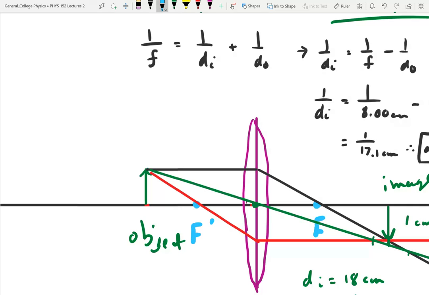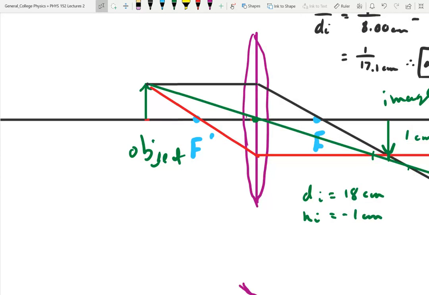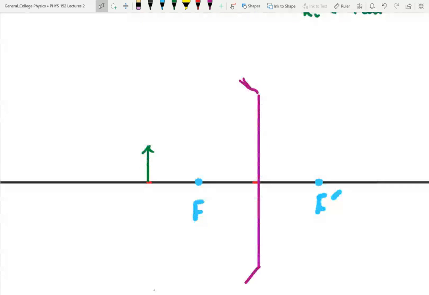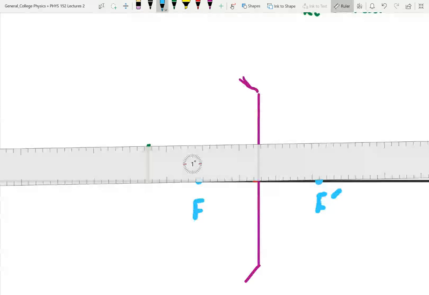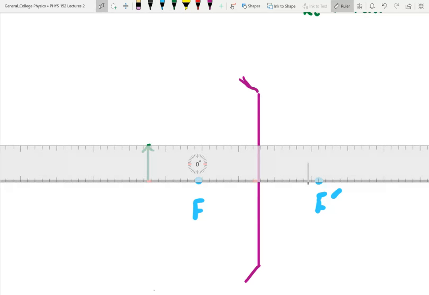Now we have actually one of the 6 options I gave you, excuse me, because I have lens or mirror. So that was with a lens, here's with a mirror. How is the mirror different? Well, we have the same rays, and so I'll start with my parallel ray again.